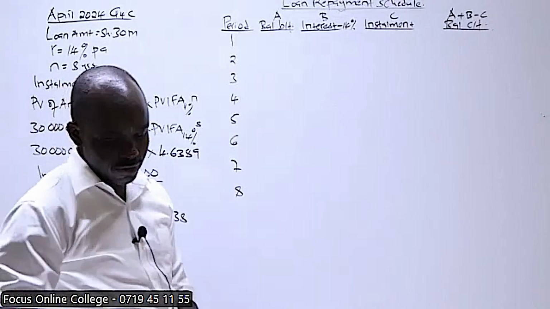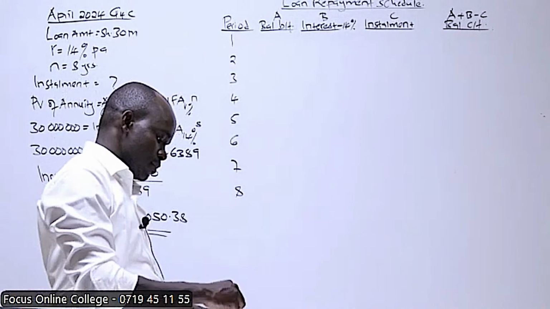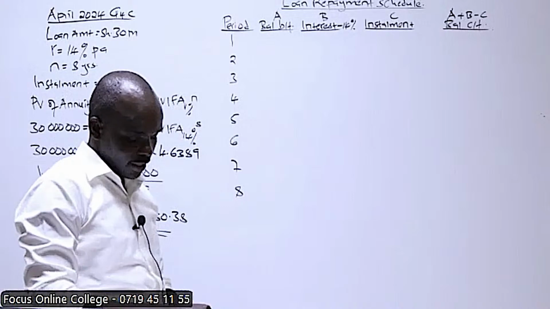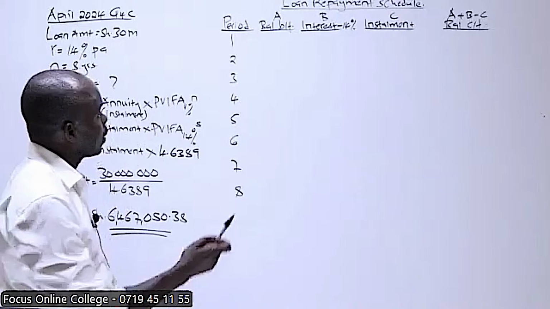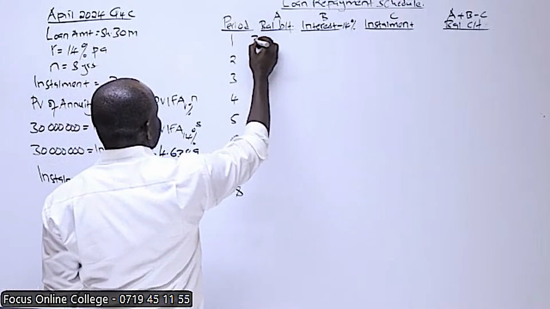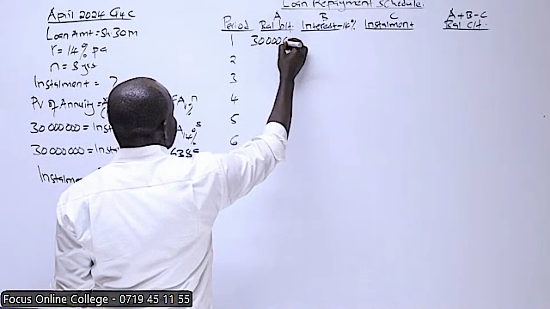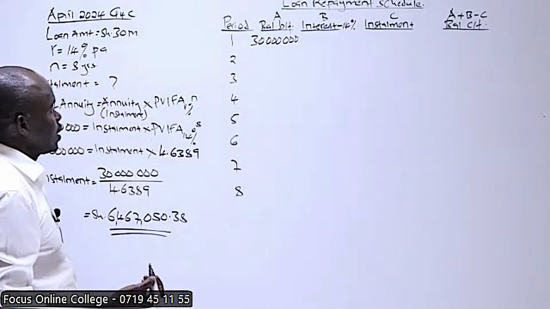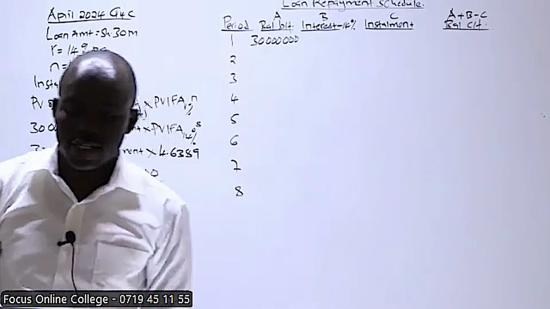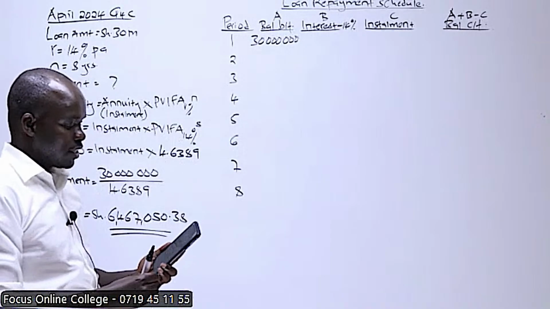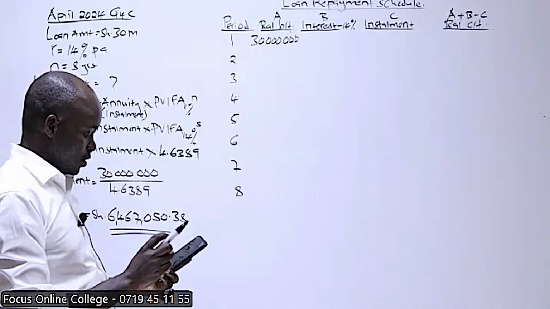So we start with the 30 million. 30 million is the balance brought forward in period 1. We charge interest on the 30 million.